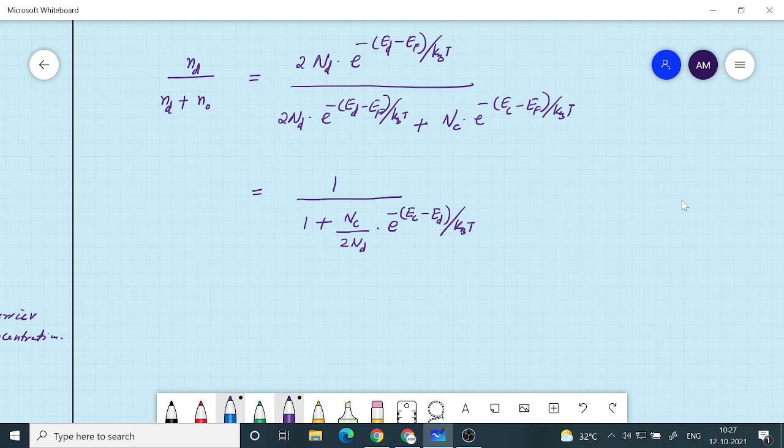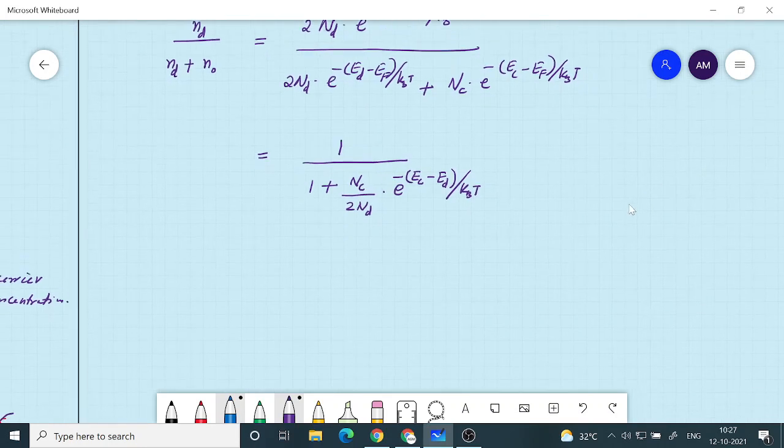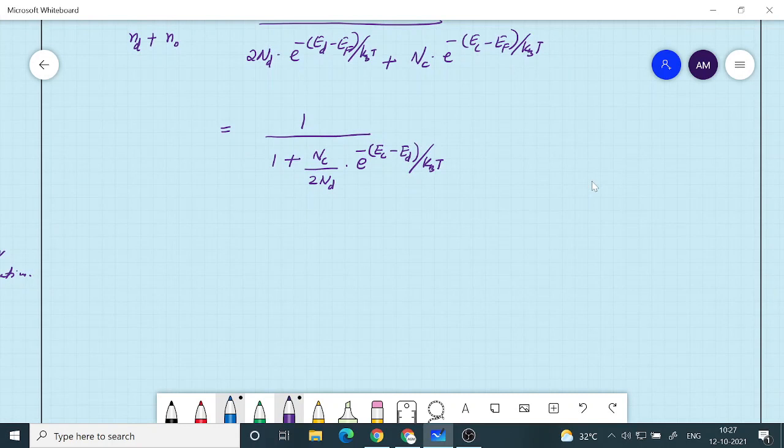Now let's take an example just to have a practical understanding about how much this value is. So let T be room temperature, 300 Kelvin, and the doping concentration that we are putting in is around 10 raised to 16 per centimeter cube, and then we need Nc.